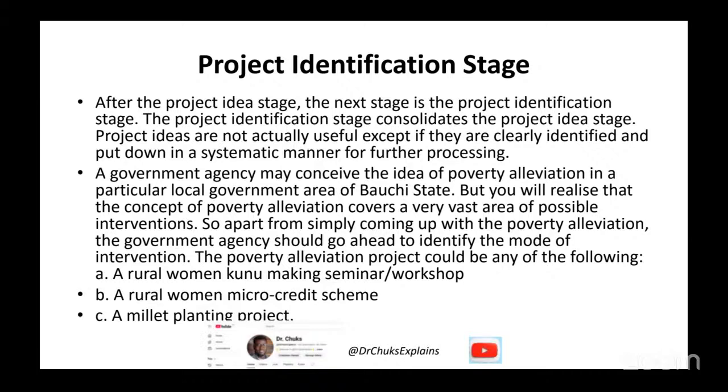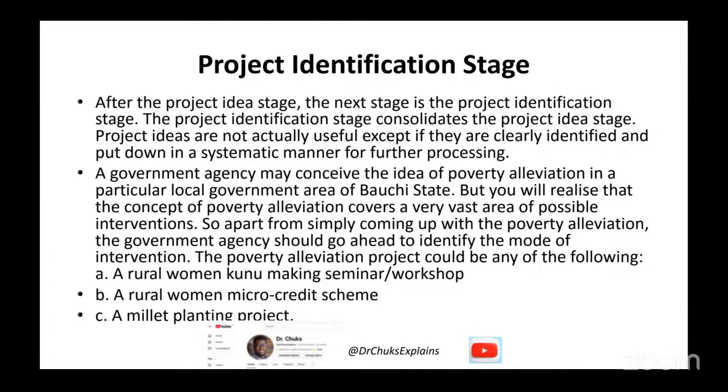After the project idea stage, the next stage is the project identification stage. The project identification stage consolidates the project idea stage. How does this happen? Of course, we know the project ideas are not actually useful except if they are clearly identified and put down in a systematic manner for further processing.